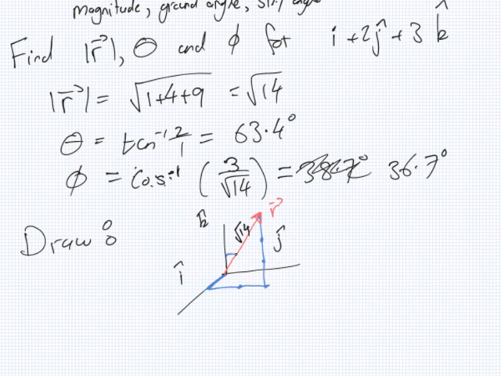I can also know that this angle here is 36.7. And then if I draw the shadow on the ground, this angle here is 63.4, like this.